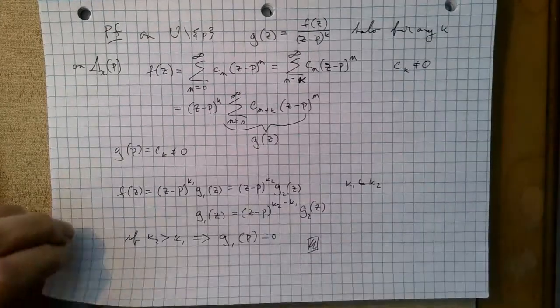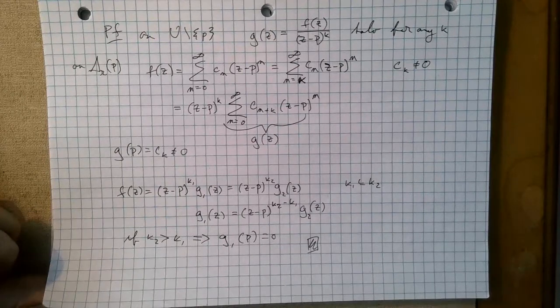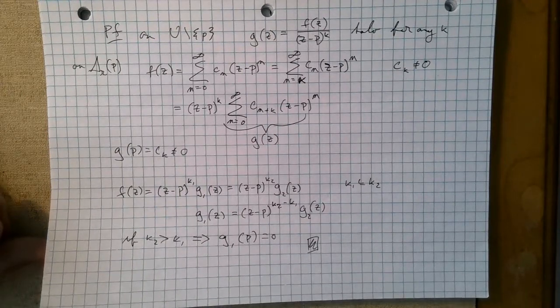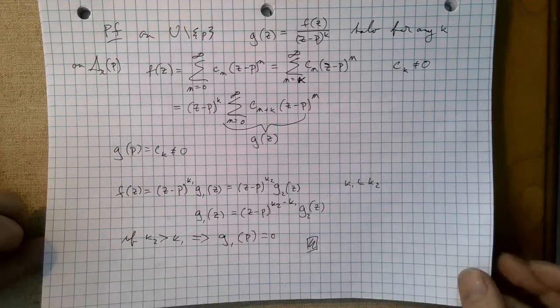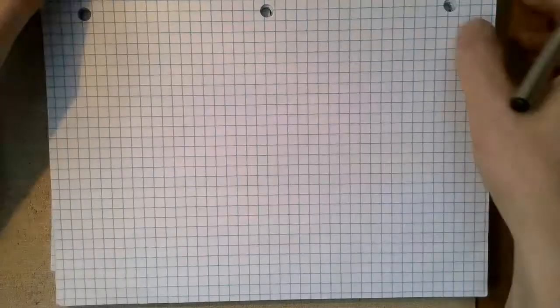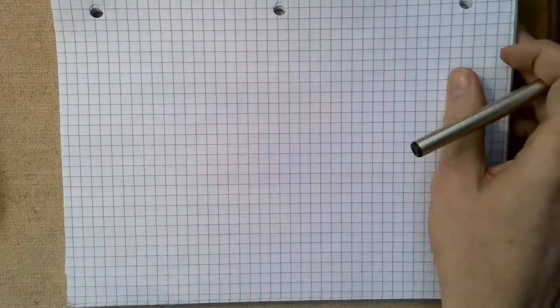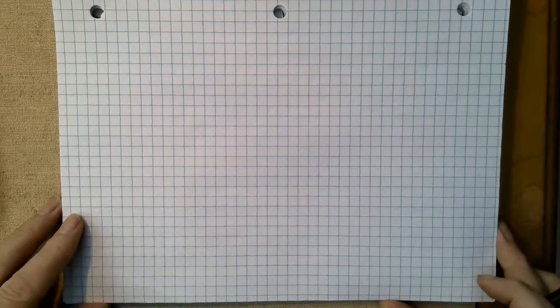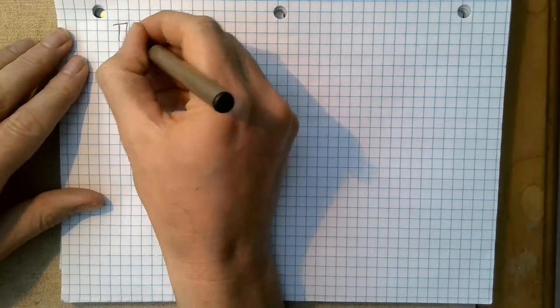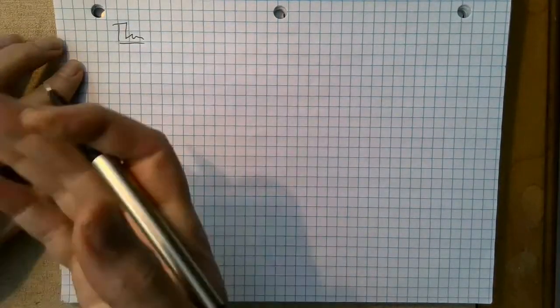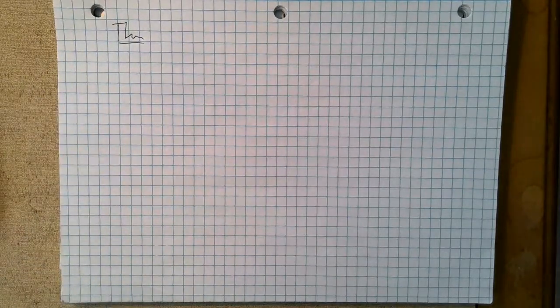Now, there's actually a stronger thing that we can do, a stronger lemma or a stronger theorem. Oh, let's call it a theorem about if I have a holomorphic function and a 0 of order k.